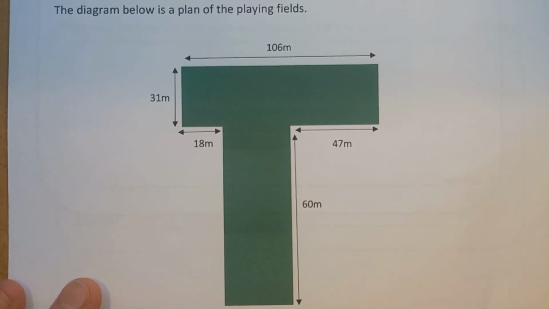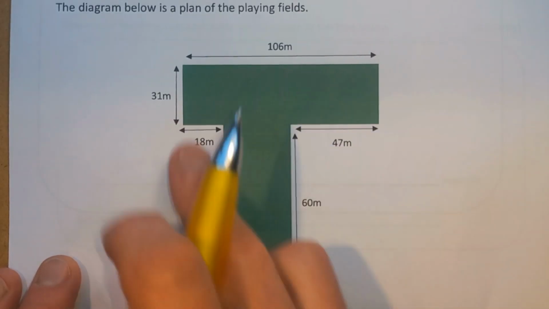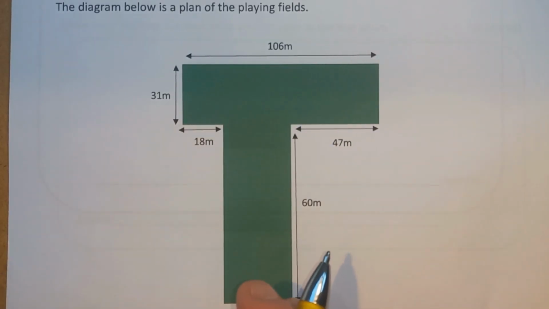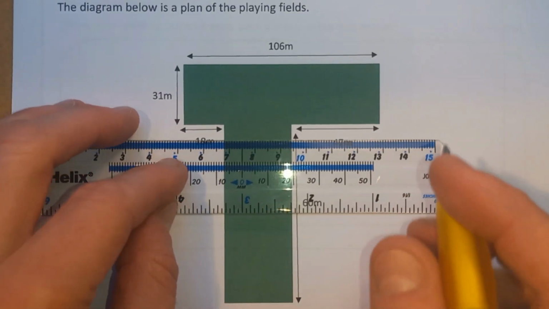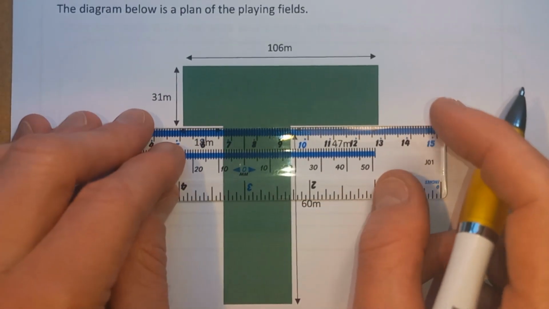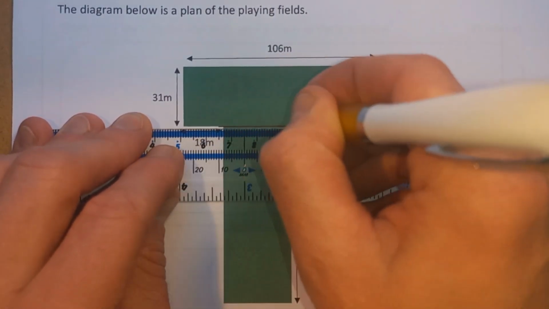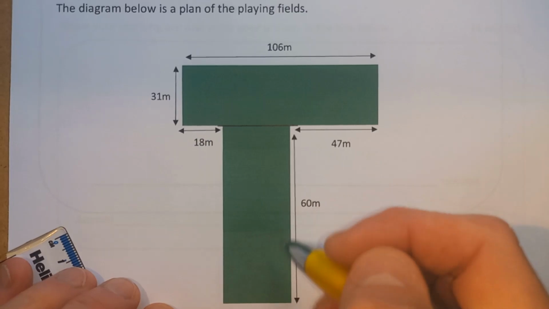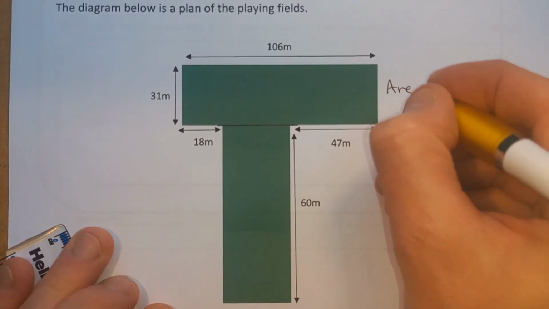Okay, so what we can do with this shape, well, there's not an easy way to work out the area of a shape like this, so what we're going to do is split it up into some smaller shapes. So I know how to work out the area of a rectangle. So if I put a line across here, I've now got 2 rectangles. In fact, I'll write it down.